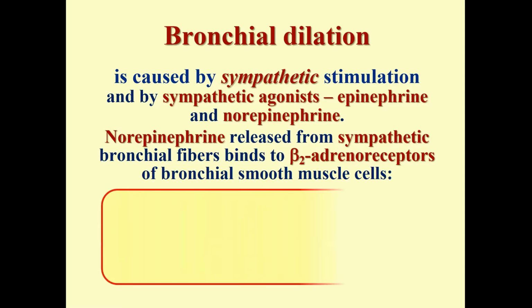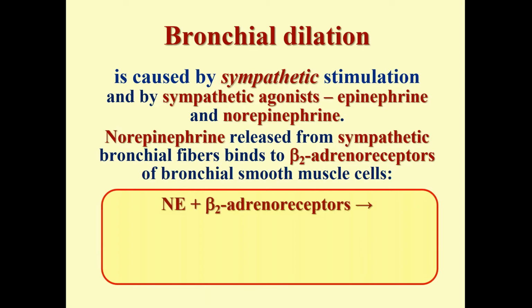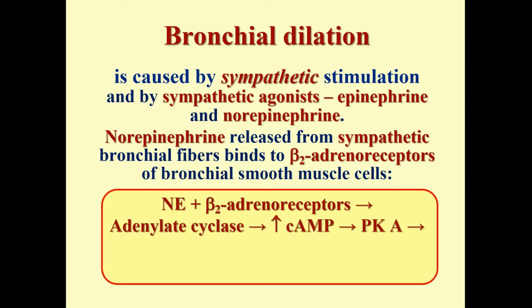Beta-2 receptors, as you remember, here produce similar changes, like we have changes in coronary vessels or vessels of the skeletal muscles. Beta-2 receptors, after binding to noradrenaline, norepinephrine, activate Gs protein, then adenylate cyclase is activated.